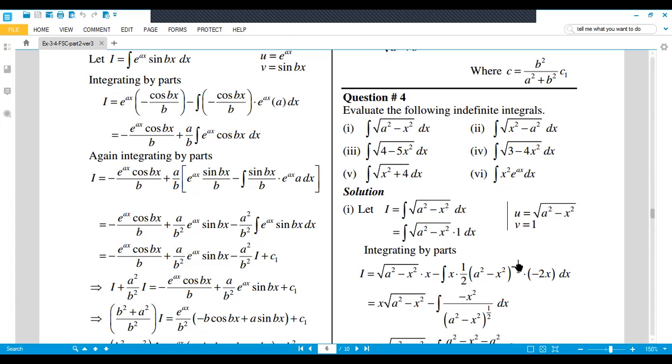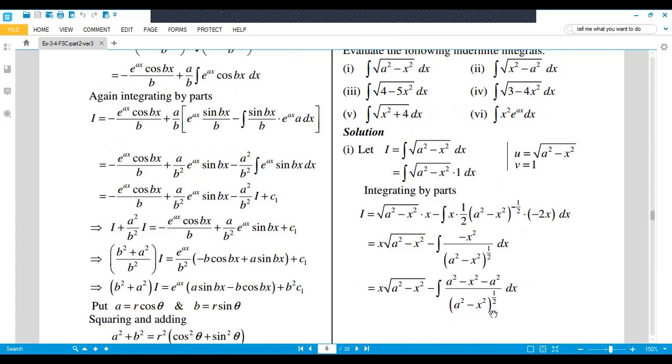The first term as it is, integral of 1 is x, minus the whole integral of 1 is x, and the derivative of half a square minus x square power 1 over 2. 1 over 2 will come in coefficient, and from the power we subtract 1, so minus 1 over 2, and further the derivative without power, a square derivative 0 and minus x square derivative minus 2x. 2 and 2 cancel with each other and we get minus x square divided by a square minus x square power 1 over 2.